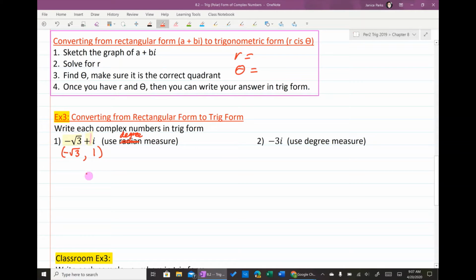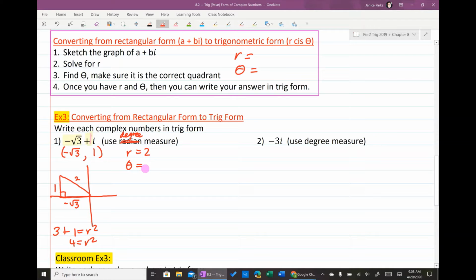So if I graph this, because I need to find r and theta, we have negative radical 3, and then we have 1. If you use the Pythagorean theorem here, we get negative radical 3 squared plus 1 squared equals r squared. So 4 equals r squared, so r is equal to 2.